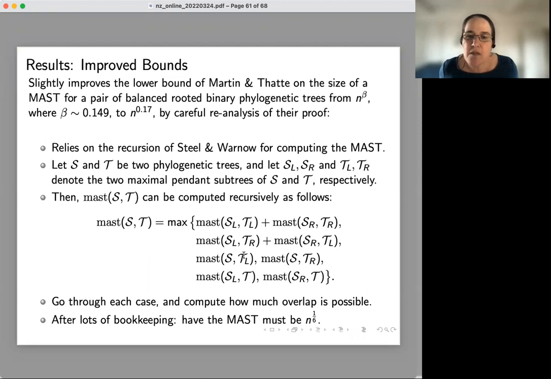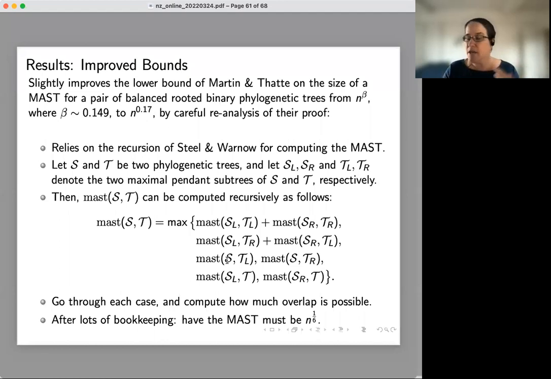And then we can also completely throw out a side: align all of tree S with the left-hand side of tree T, or with the right-hand side.